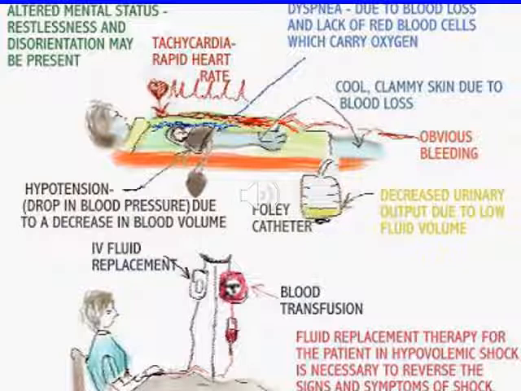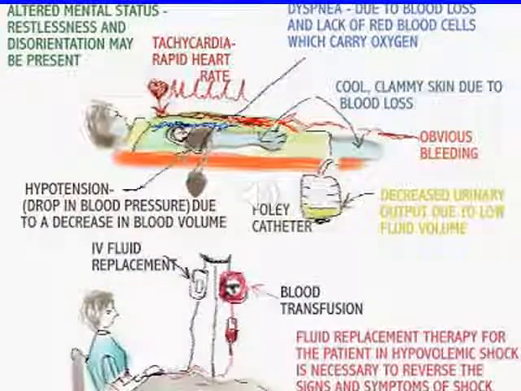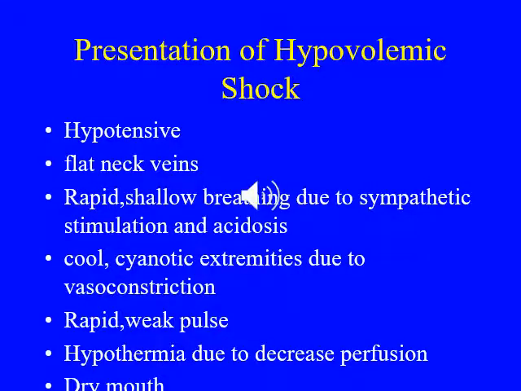So we have to manage this patient by rapid fluid administration intravenously till the blood becomes available. Then we will give the patient blood as soon as it is available. This is the presentation of a patient with hypovolemic shock.